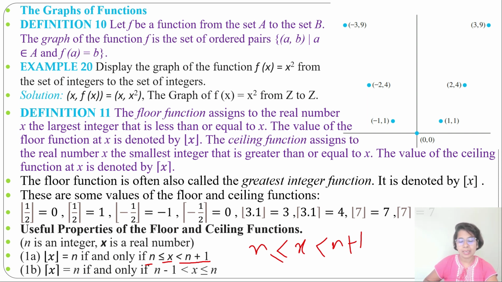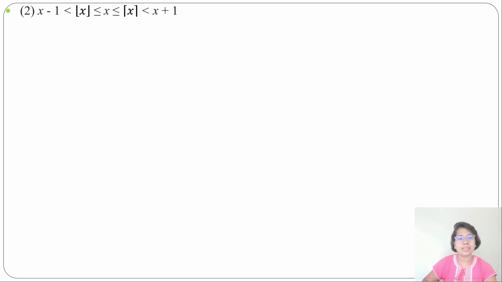Next property, ceiling of x will be n if and only if n minus 1 is less than x and x is less than or equal to n. If x is between n minus 1 and n, its ceiling value will be n. Next, x minus 1 is less than floor of x, which is less than or equal to x, which is less than or equal to ceiling of x, which is less than x plus 1.